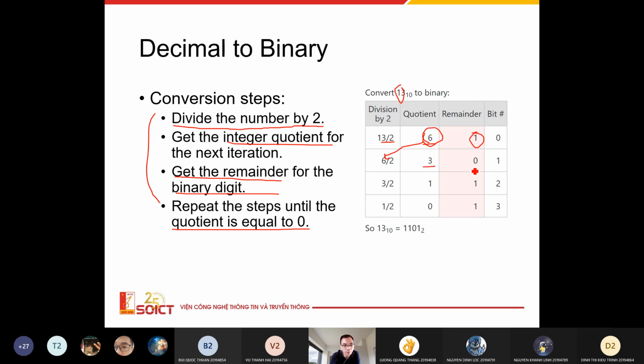It is 3, and the remainder in this iteration is 0. So on. Is there any question? So when I repeat this step until the quotient is 0, I can get the binary form of the given number. That is very simple, I think.